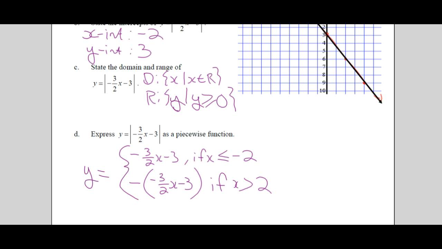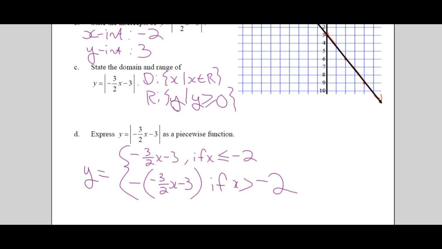You could write it as 3/2 x plus 3, and say if x is greater than or equal to 2. I'm sure that was said and just not written, but good catch. This is why you should check through tests. Check and say, oh yeah, wait, there's a half a mark I rescued.